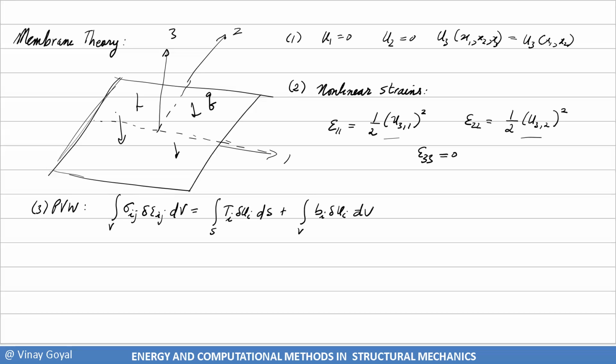And you see here, if we assume no body forces, that's 0, and the traction is applied on the top surface here of this carpet or whatever soft material it is. So this is just really Q del U3. And then this right here only becomes sigma 1 1 del epsilon 1 1 plus sigma 2 2 del epsilon 2 2.